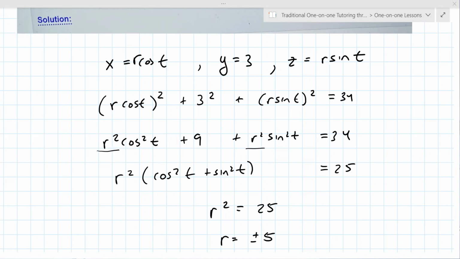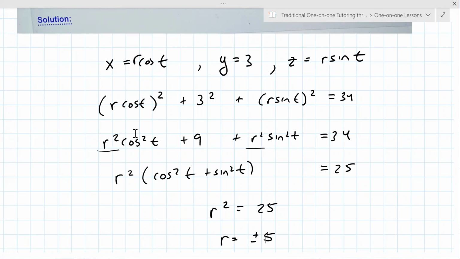Do you want me to send you the solution? It's up to you. You could just look at it and see if it's helpful or not. What it did is substitute y for 3, so it's x squared plus 3 squared plus z squared equals 34, and then it ends up being x squared plus z squared equals 25.